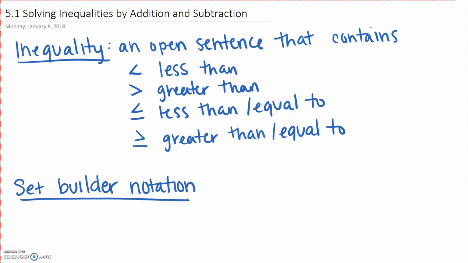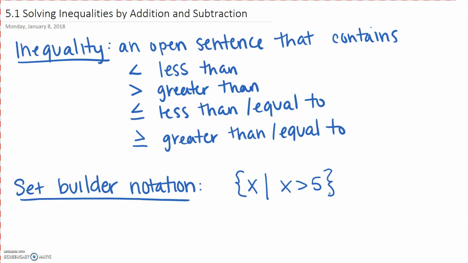It's going to look like a curly bracket, x, or whatever variable is written in the problem, with our bar, and then the inequality statement that makes the open sentence true. So if we have x greater than 5, close the curly bracket.